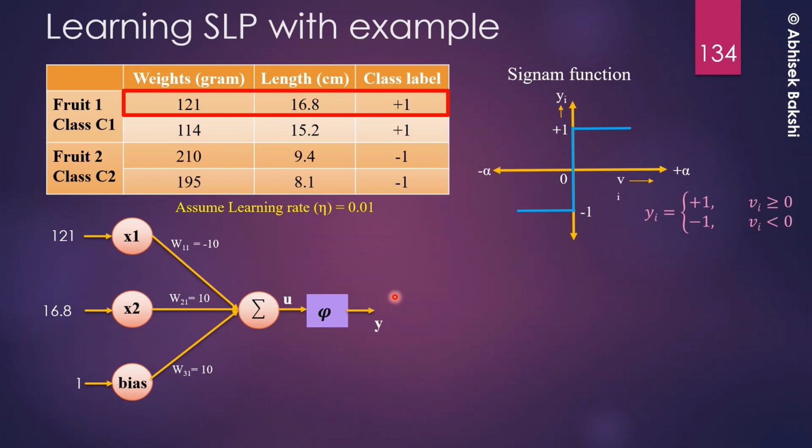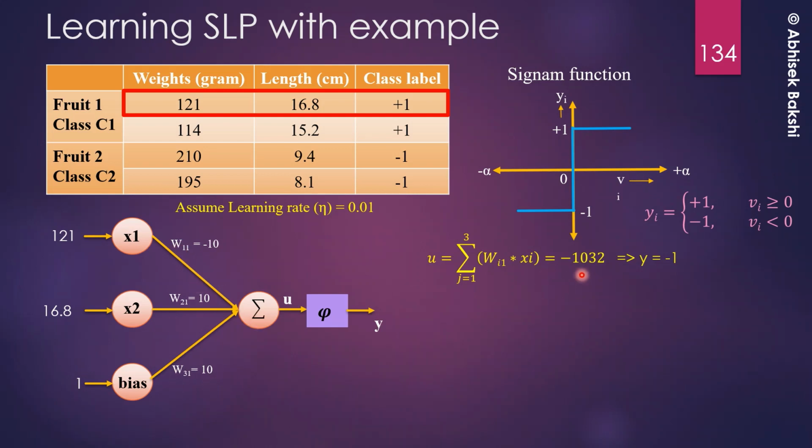How will it be done? Let's go to the equation-level understanding. Let's see what U is. U is the sum over j from 1 to 3, where j here means the neurons. I'm considering the bias also as a neuron whose value is always 1. So the sum of Wj1 xj: 121 multiplied by minus 10, plus 16.8 multiplied by 10, plus 1 multiplied by 10.